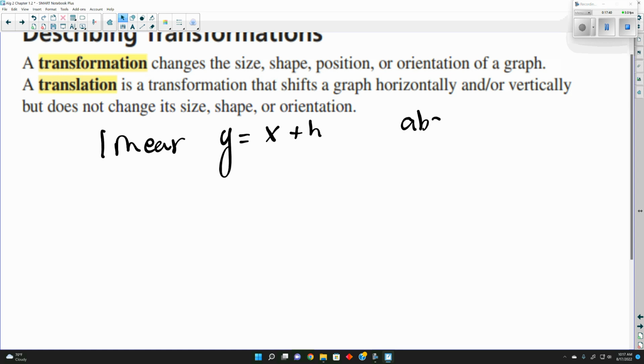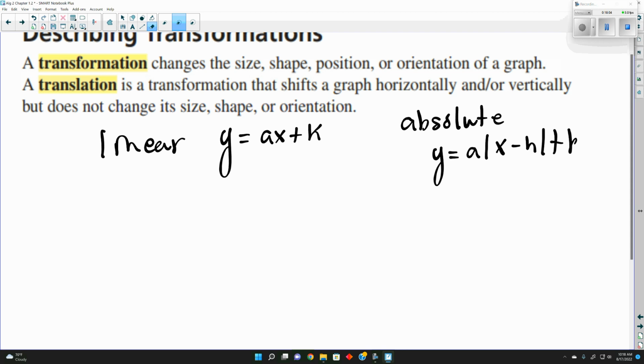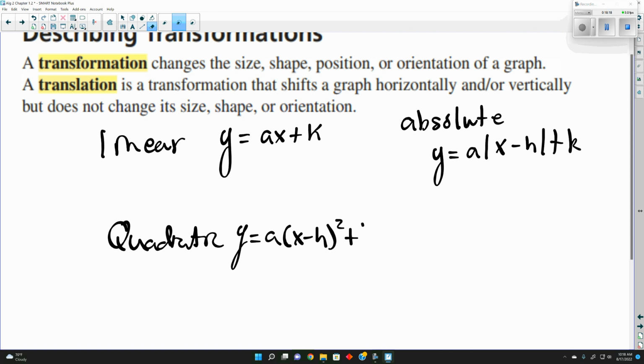For absolute value, y equals a. We have these here. Now, these here are the general form of all of these functions.